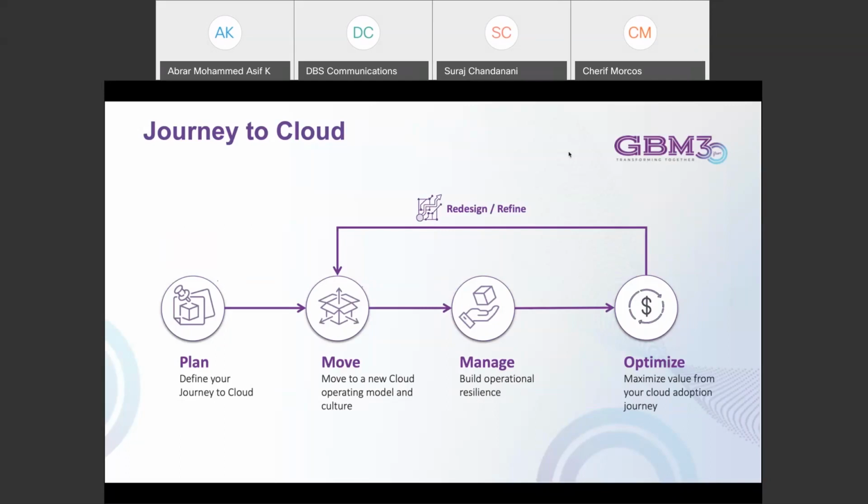That's a separate phase. And finally, in an operational phase, it needs to be optimized, and it is imperative that the optimization cycle leads back into a redesign, refine, and taking advantage of the cloud environment. So these are the 4 phases customers look at moving their applications from on-prem into a hybrid cloud scenario. With that, we will start covering each of these phases one by one to see what are the different aspects that go into each one of them.